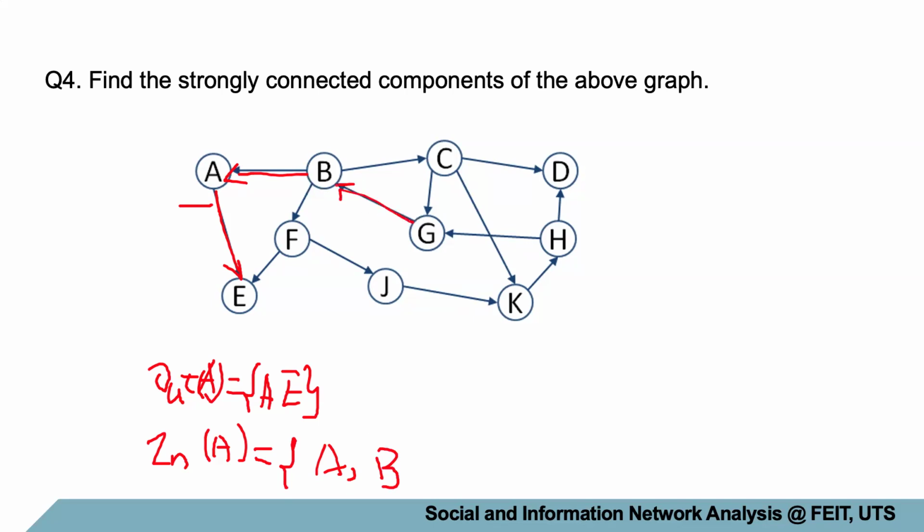G can go to B. We have G, then B can also go to A.